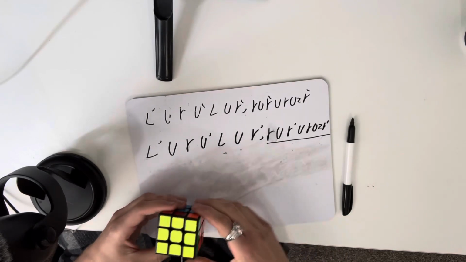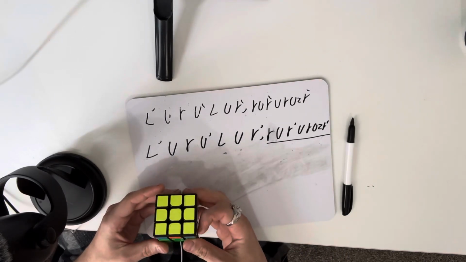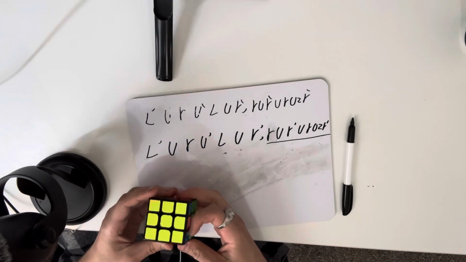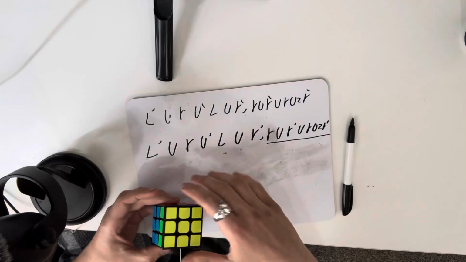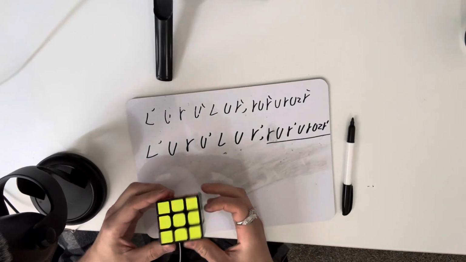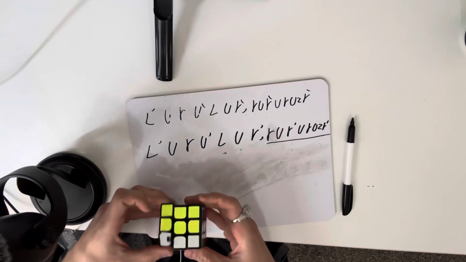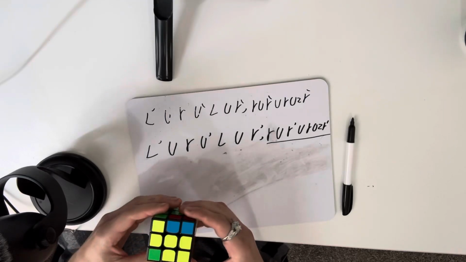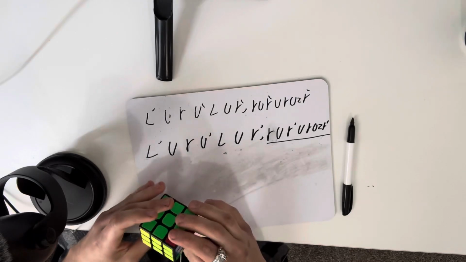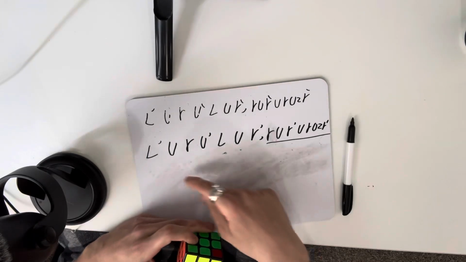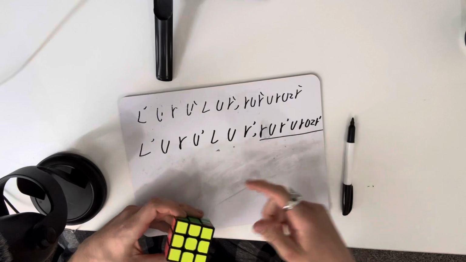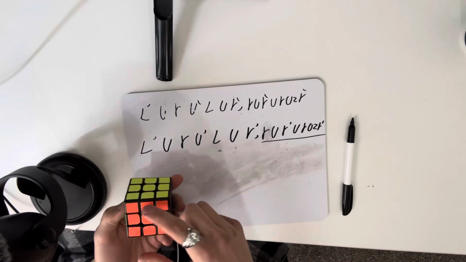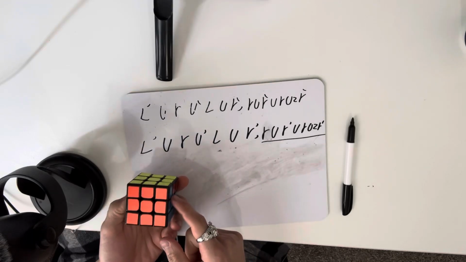And then you just do this until you get something that kind of looks like this. I'll show you. When you do this, what you're looking for is the side that has the most correct. So, for example, this side is completely solved.